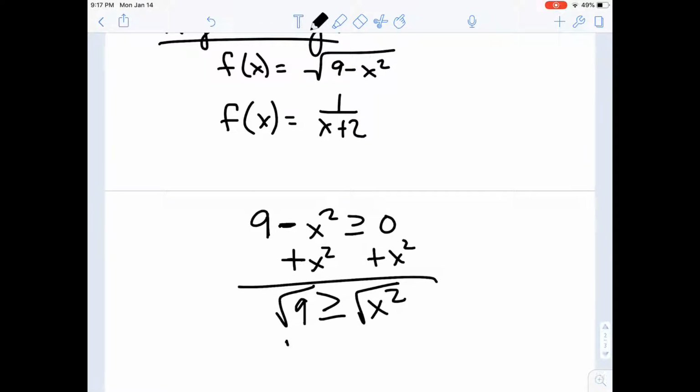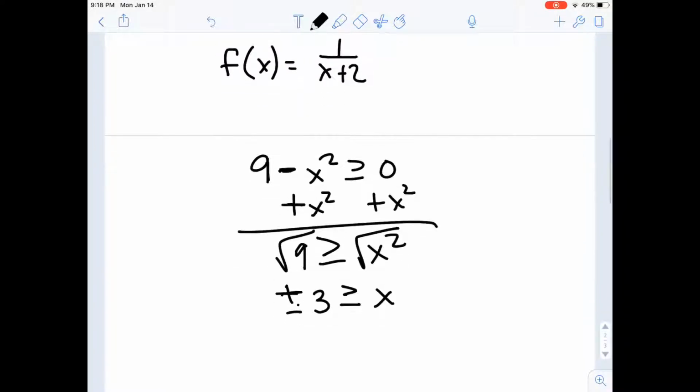So you have plus and minus 3 equal to x. And so basically, x is less than positive 3 and greater than negative 3. So you could write this out as negative 3.